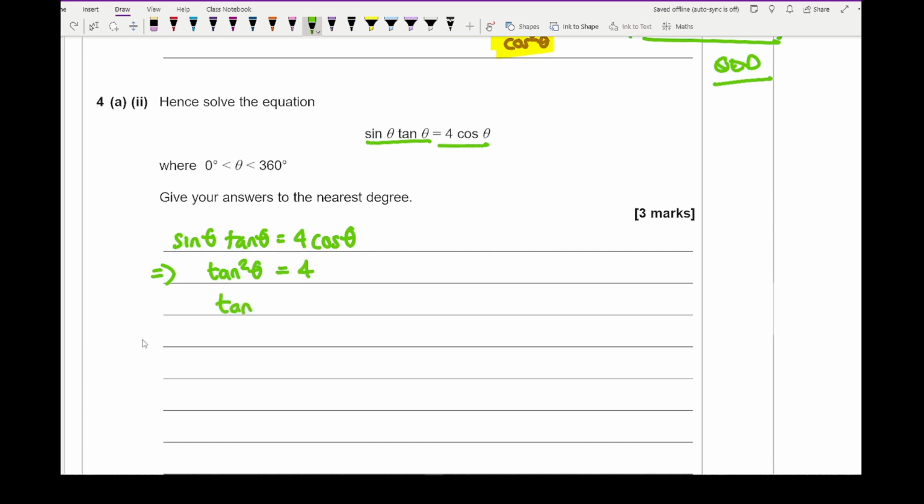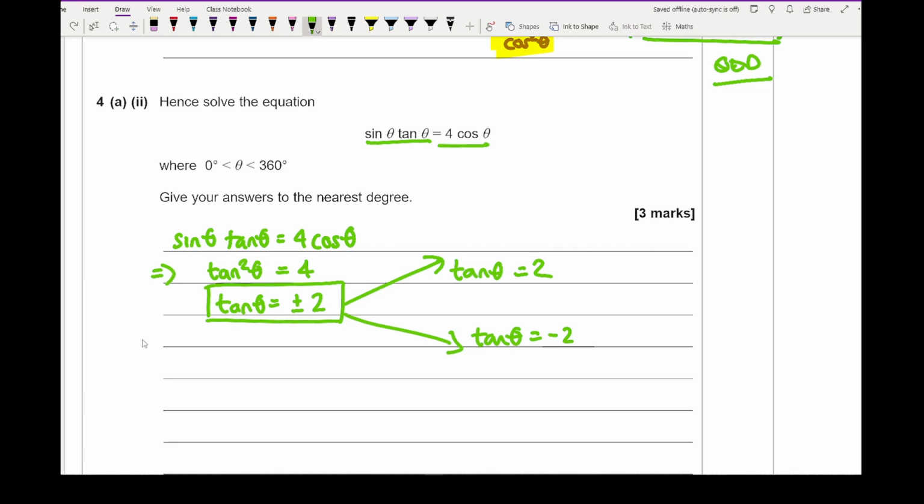So that means that tan theta equals plus or minus 2, and it's this that I then want to solve. So I've got tan theta equals 2, or tan theta equals minus 2.